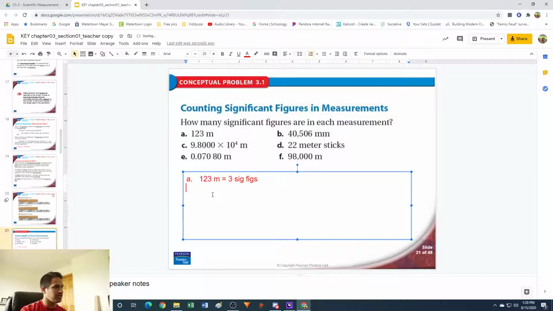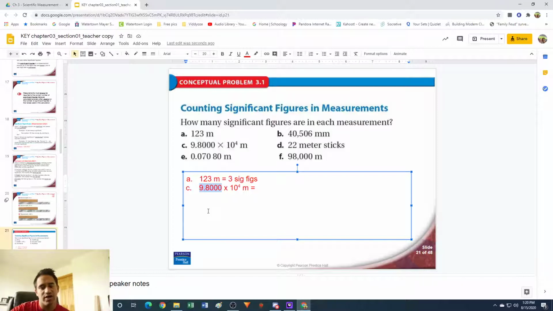All right, let's take a look at letter C. 9.8000 times 10 to the 4th meters. All right, now this one's a little bit trickier because we have something in scientific notation. Don't freak out. The scientific notation part, this times 10 to the 4th, we ignore that. The only part we're looking at is this first part, 9.8000.